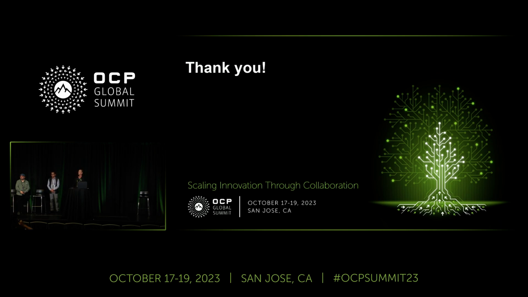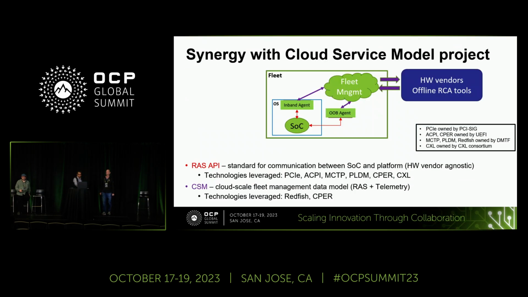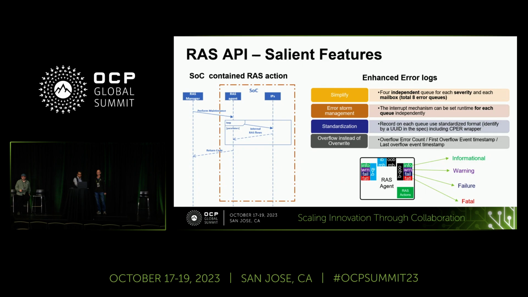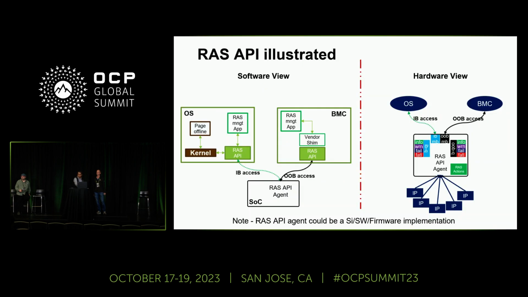Question for Antonio: is it possible to pull up your RAS API structure slide? Here we are. I notice you're connecting in-band and out-of-band, which is great.